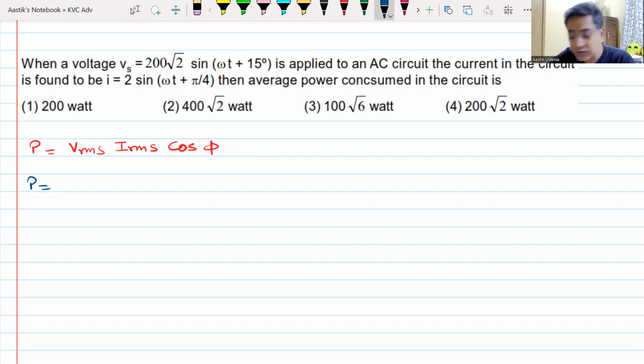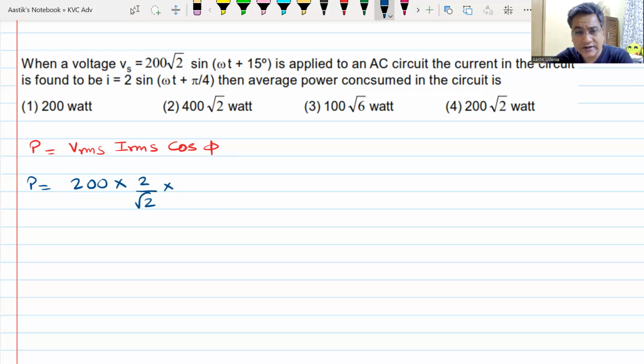The RMS value of voltage is V naught by root 2, that is 200, sir. That is 200 multiplied by the RMS value of current, which is 2 divided by root 2, so that becomes root 2, multiplied by cos phi, where phi is the angle between current and voltage.